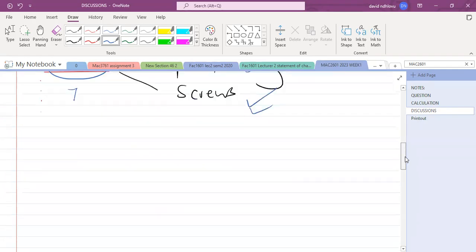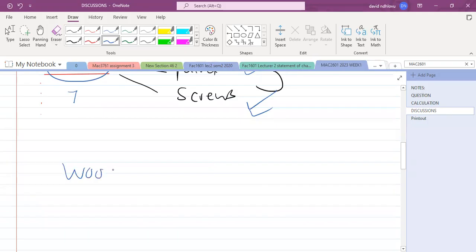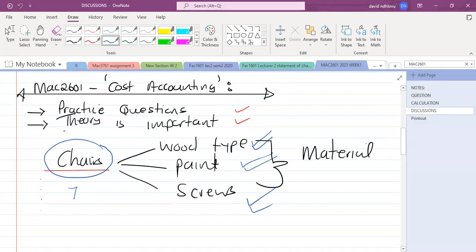It doesn't make sense to just go and buy wood, and once you have it, ask what can I manufacture with wood. It doesn't work like that. Whenever we do production, we first sit down and say, what does the customer want? They want chairs. Then we design the chairs, then we determine the material. Or the customer comes to you and says, I want chairs which are like this and that. So when you have those specifications and you buy material, you buy material that is specific to the chairs.